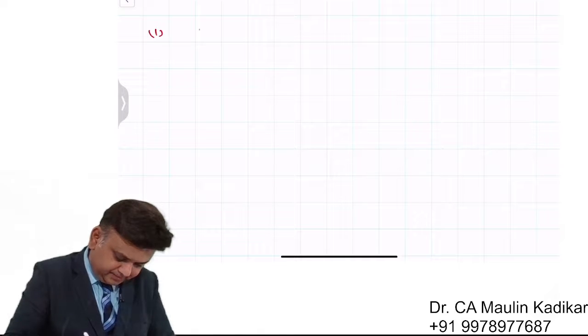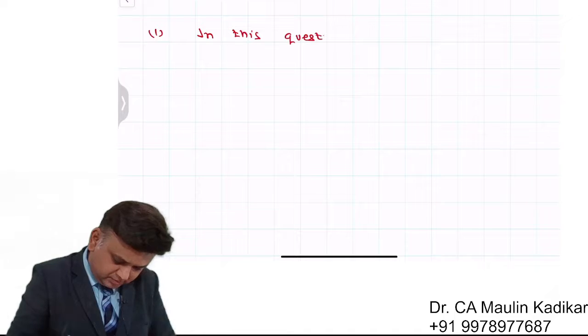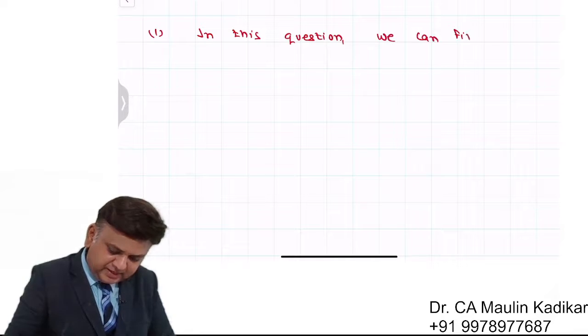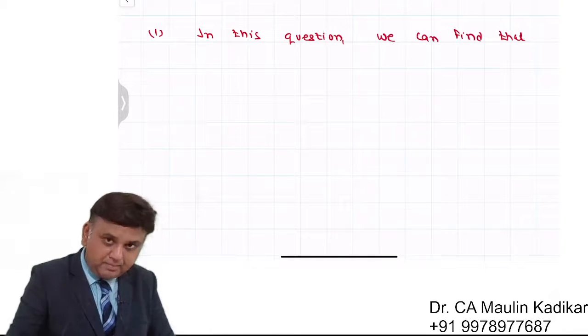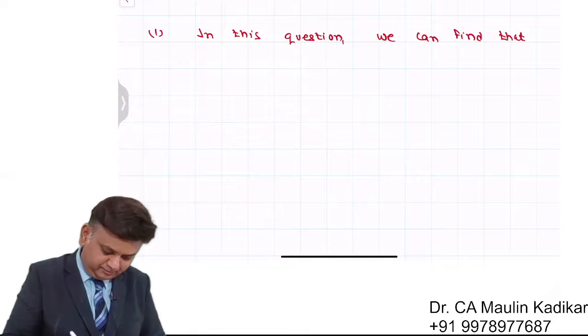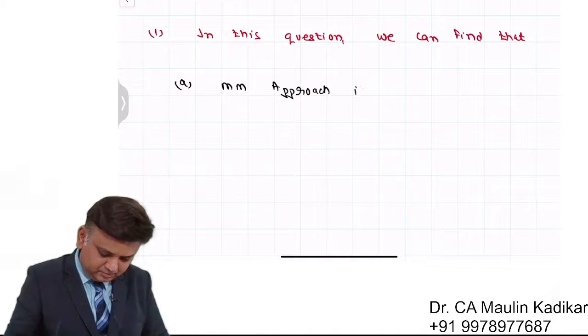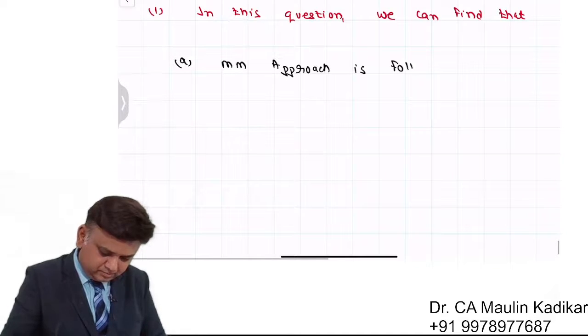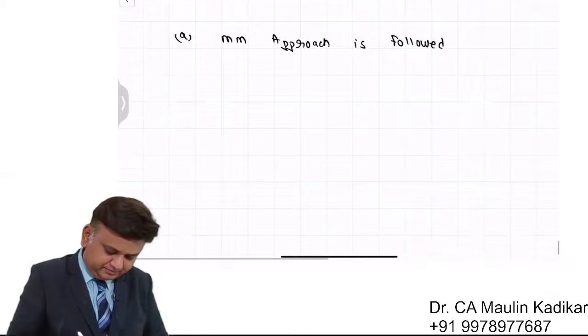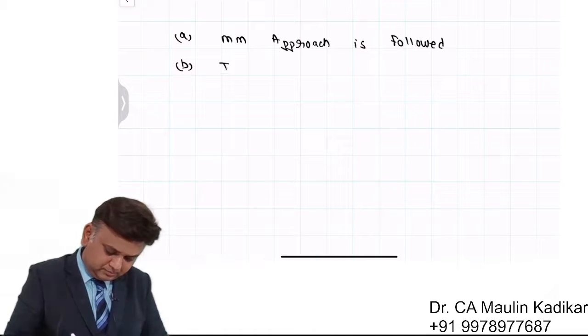First point. In this question, we can find that A, approach is followed. B, there are no taxes.